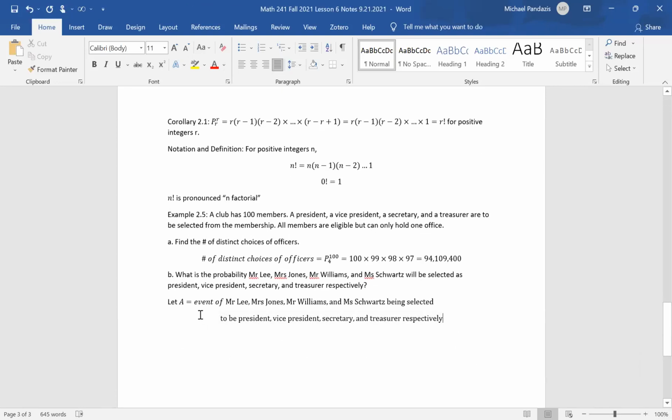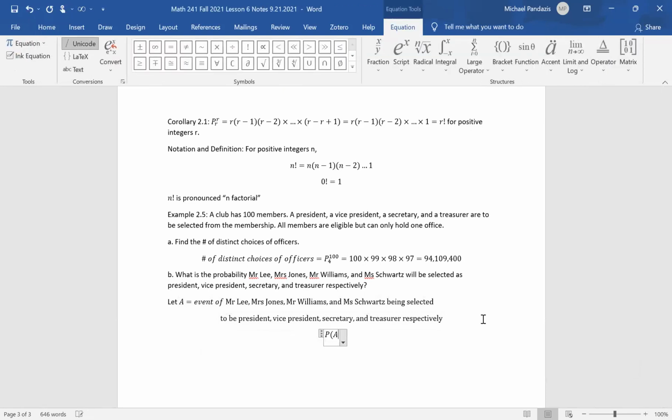Let A equal the event of Mr. Lee, Miss Jones, Mr. Williams, and Miss Schwartz being selected to be president, vice president, secretary, and treasurer, respectively. Okay, so the problem is asking, what is the probability of that event? What's the probability that that happens? Well, that's n sub A divided by capital N.